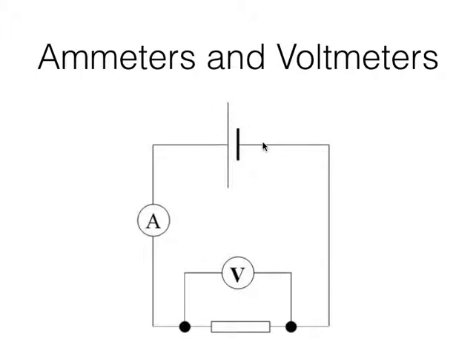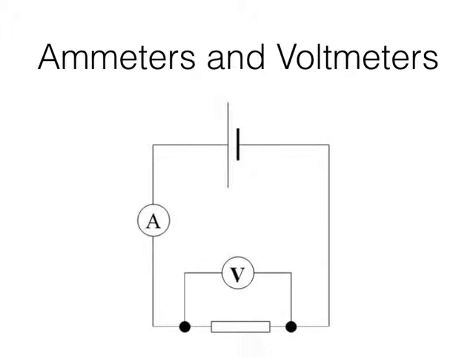In this case, since there's nothing between this point and this point, and there's nothing between this point and all the way over here, there's essentially no resistance, they would read the same, which makes sense. Any potential difference gain must be equal to any potential difference drop.